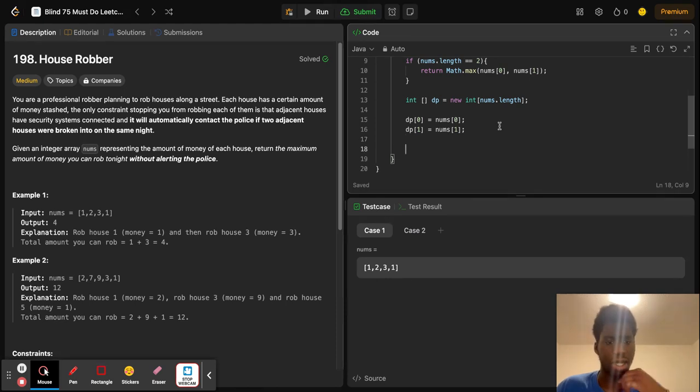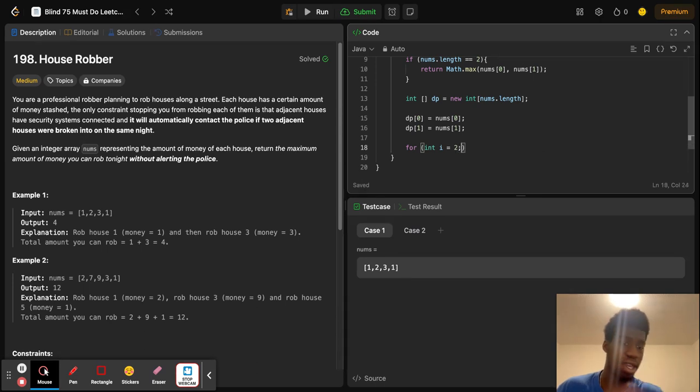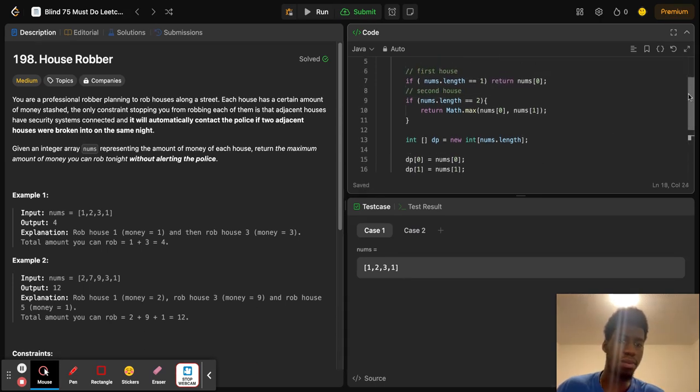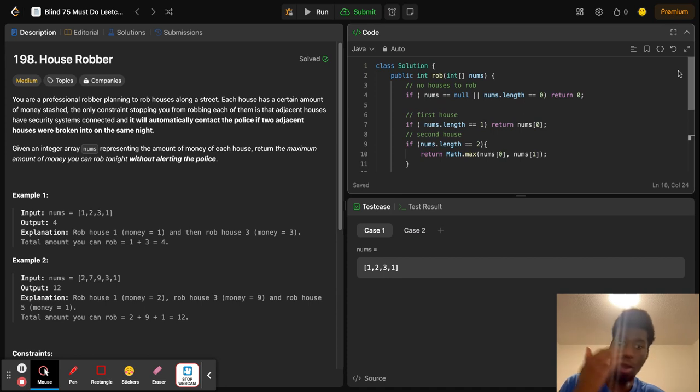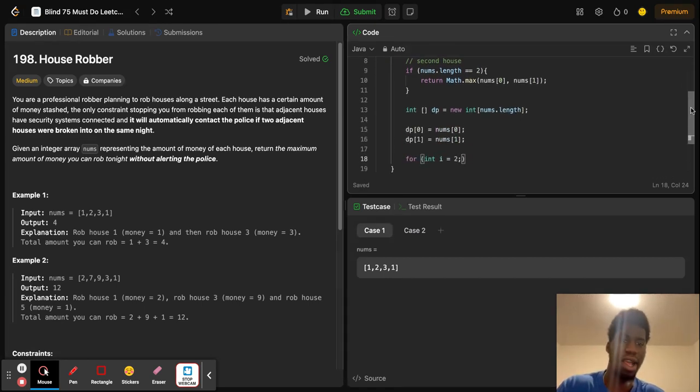So here we're just going to create int i equals 2. We're starting at 2 because the house is already at the second house.